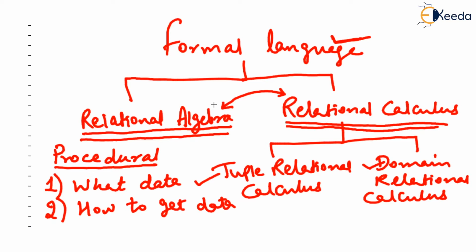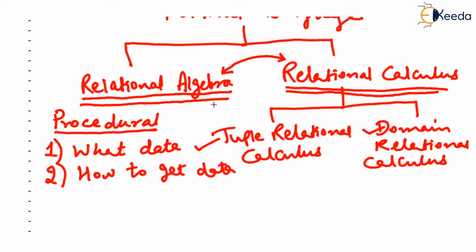For example, there is a student table and you want to get roll number and name of all the students who have enrolled for the course 100, maybe course number 100. Then typically you use the select operation, isn't it? And you also use the project operation to get only roll number and name of the students.